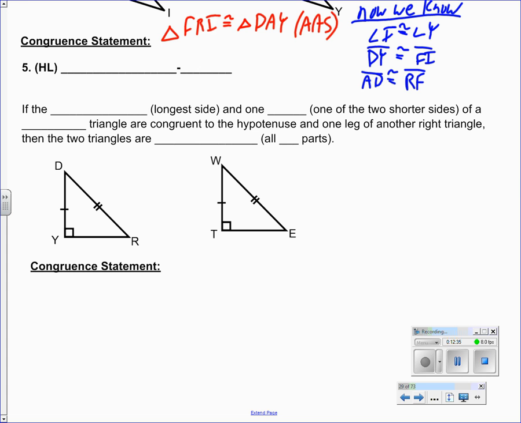So this last one is a special one that's only used for right triangles. And this one's called hypotenuse leg.